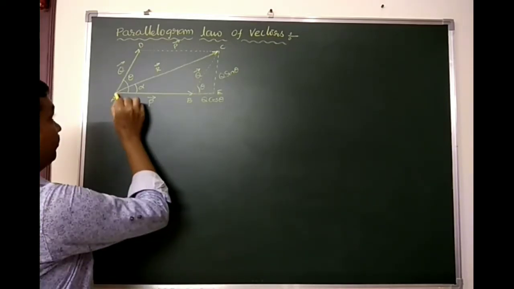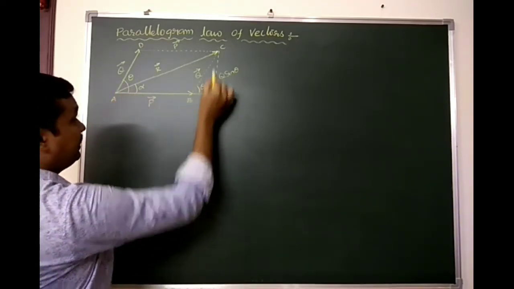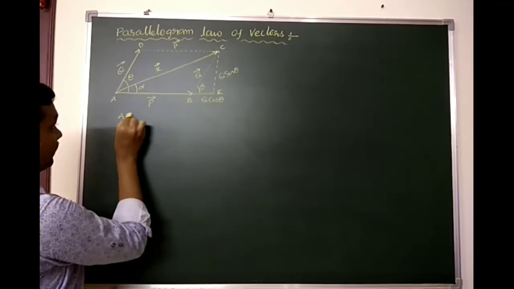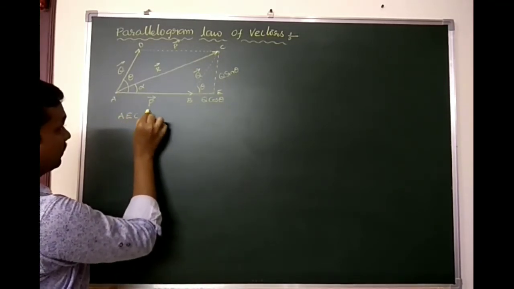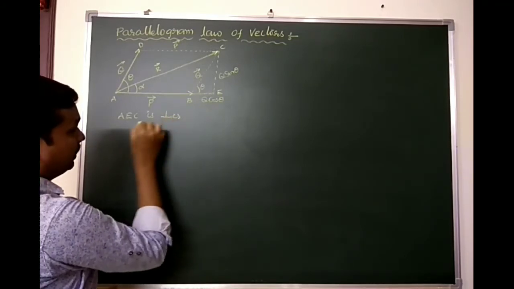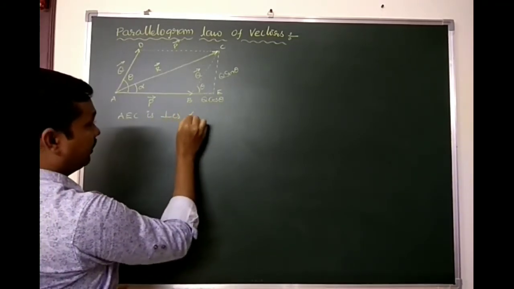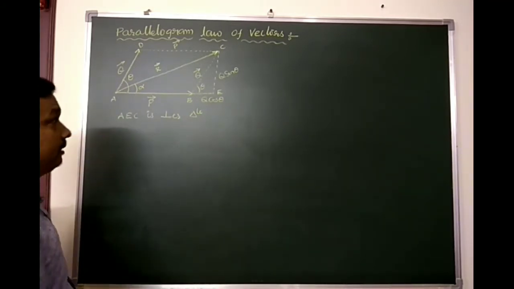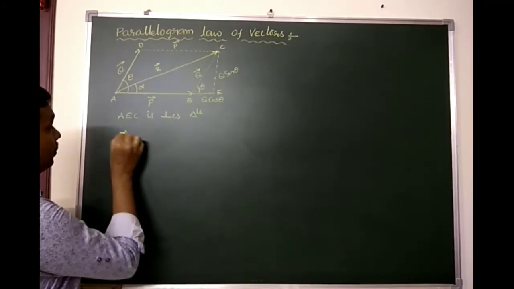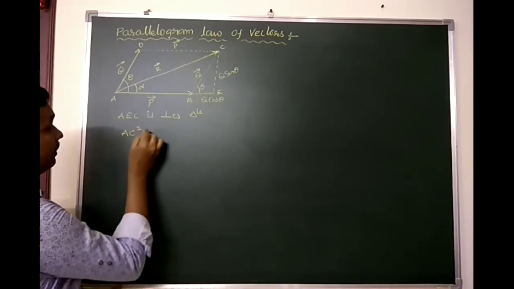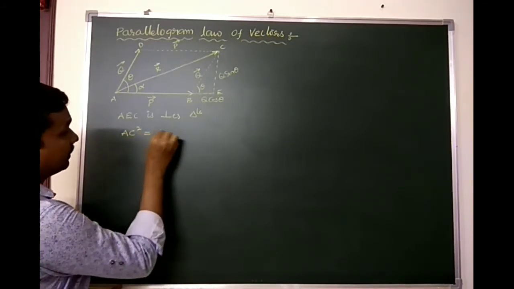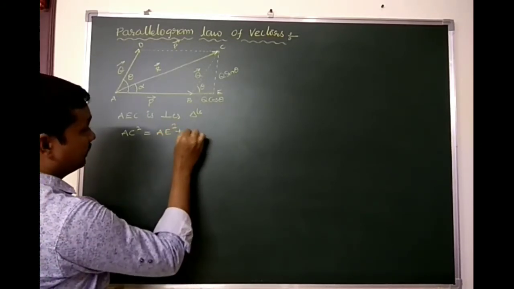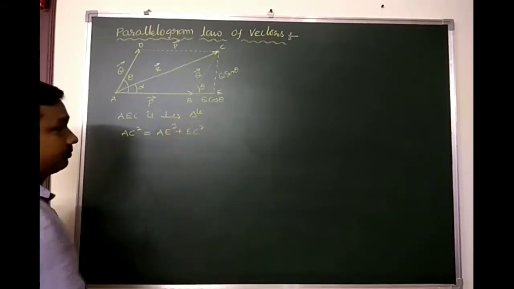Now we have a perpendicular triangle. AEC is a perpendicular triangle, so we can apply the Pythagoras theorem. AC square equals AE square plus EC square.